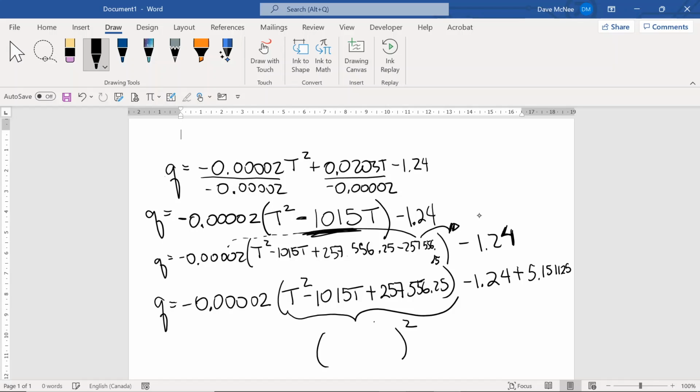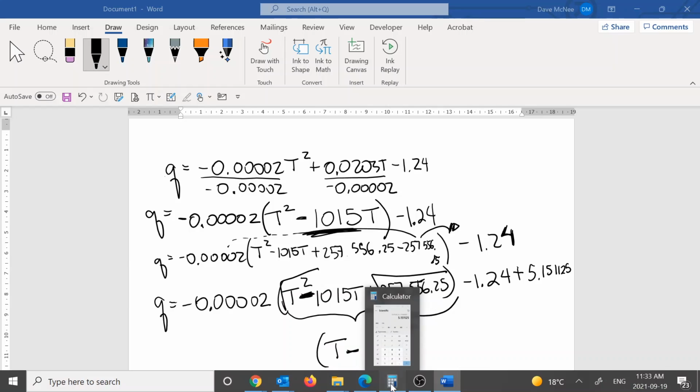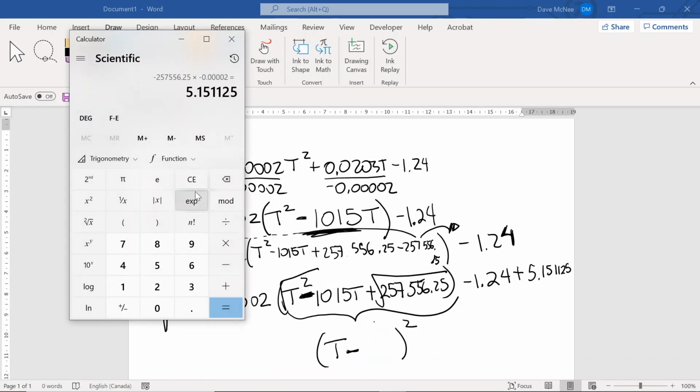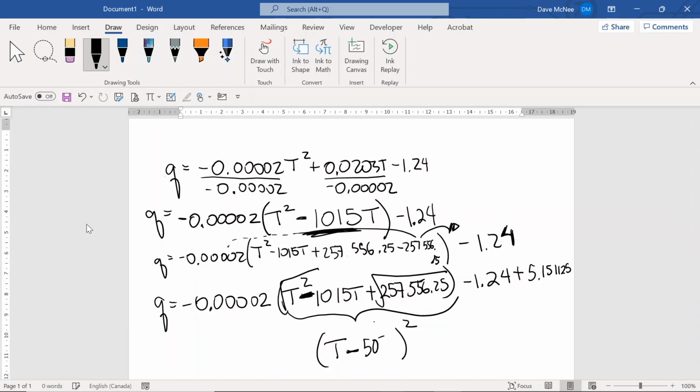I can raise it up to an exponent 2 and take the square root of the first term, which is just t, take the negative that's here already, and do a square root of the last term. So that's 257,556.25, square rooted, right? I'm taking a square root of it. 507.5. That's what I get.